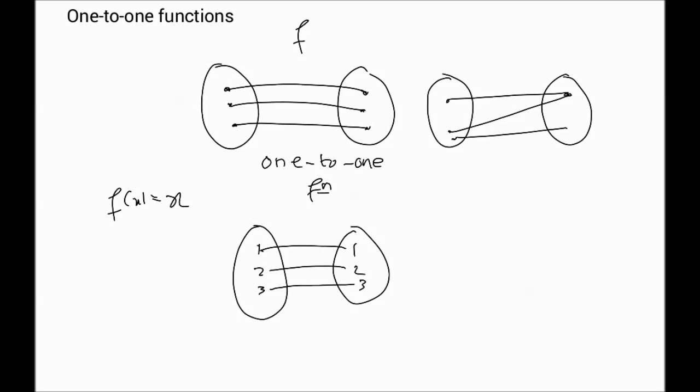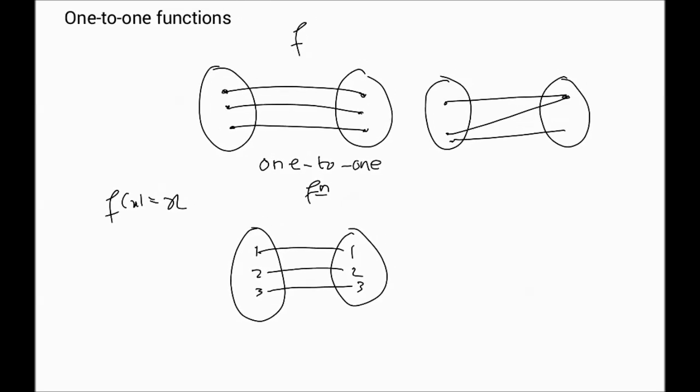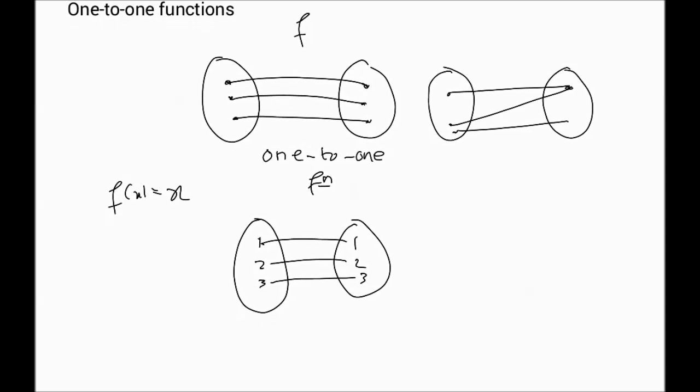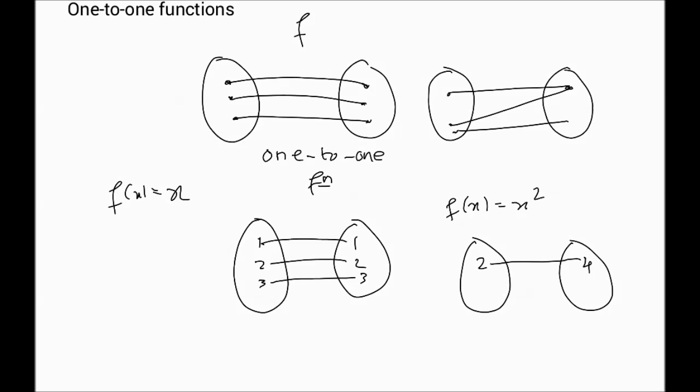But if I were to look at another example, for instance, f of x equals x squared, quickly again, let me draw it this way, as visually it's easier to see sometimes. So 2 is mapped to 4, but you see minus 2 is also mapped to 4. 3 is mapped to 9, and so on and so forth.